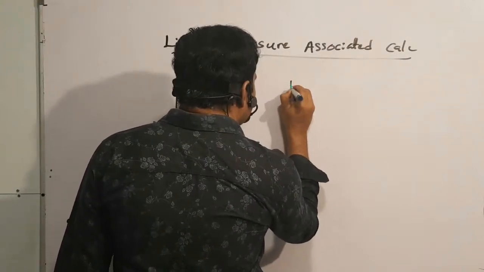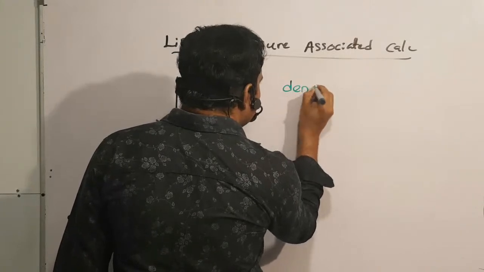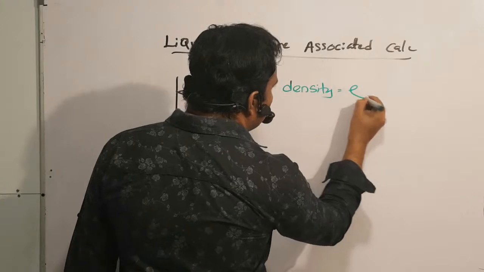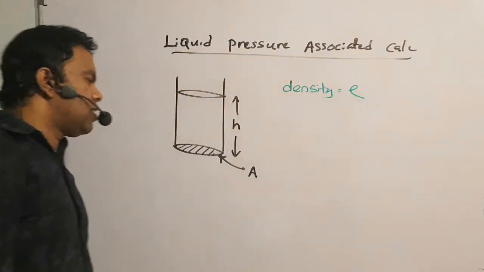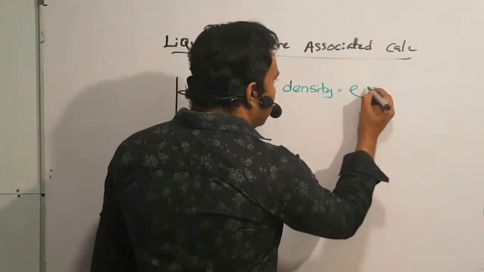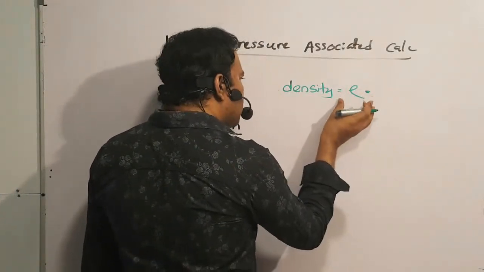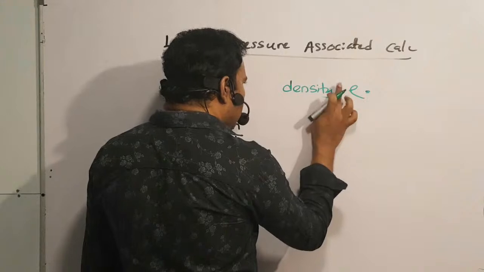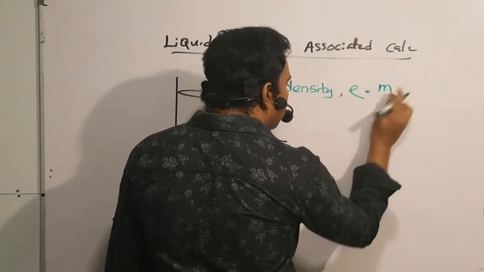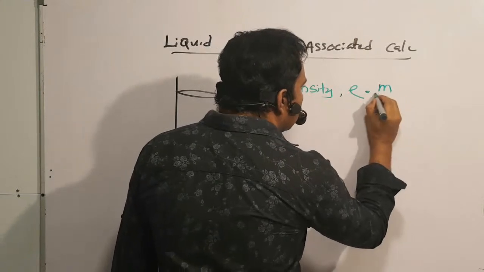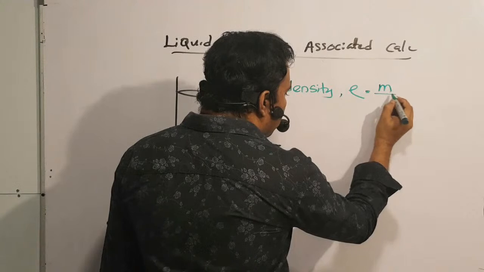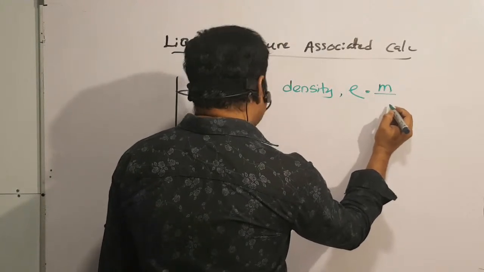Density. So that's equals to rho. Sometimes D is used. So density is defined to be the mass of a unit volume of a material.